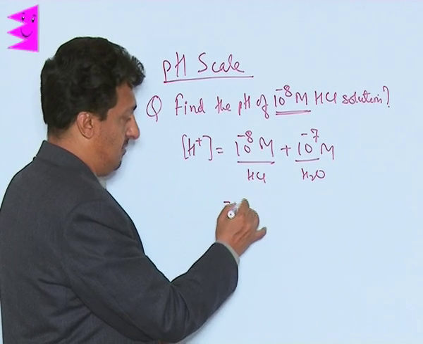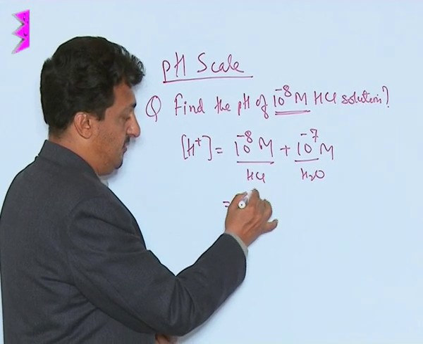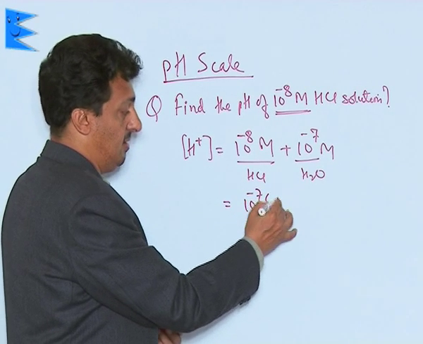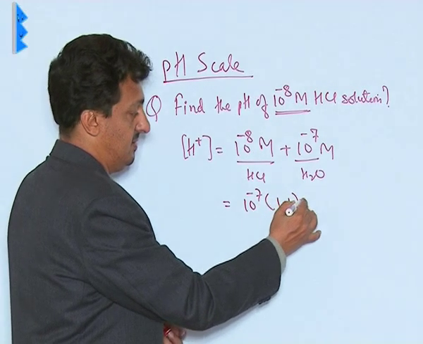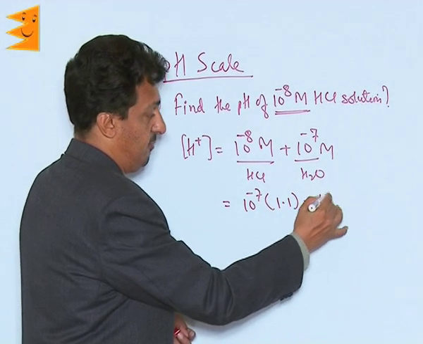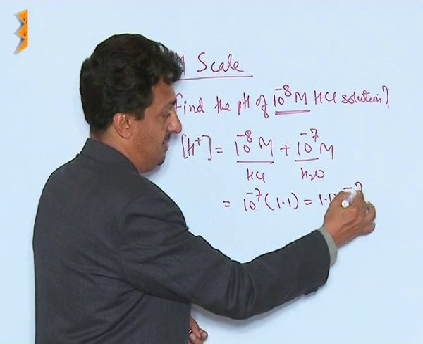So now the total will become, if we take 10 to the power minus 7 common, 1.1. So we can write it as 1.1 into 10 to the power minus 7.